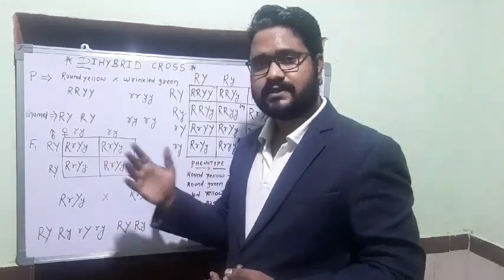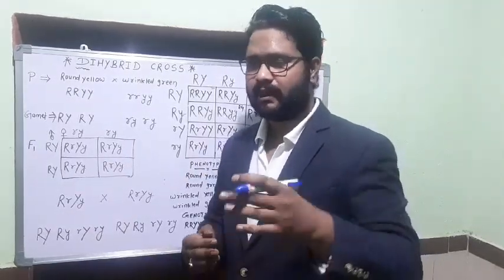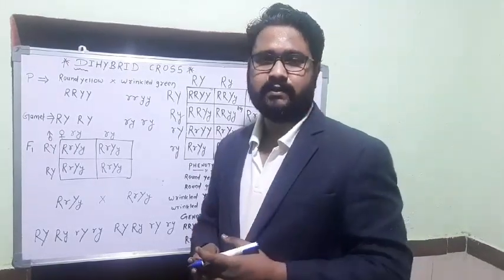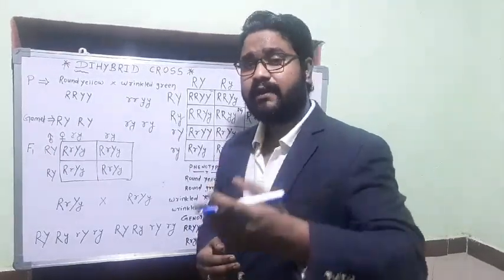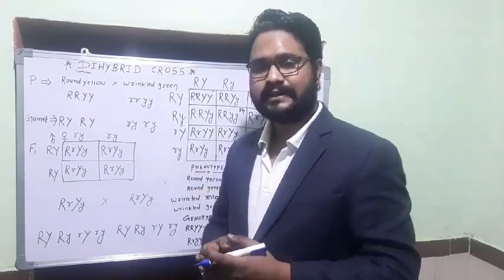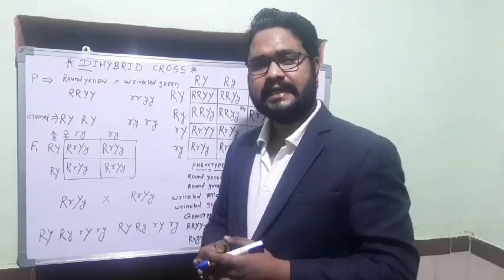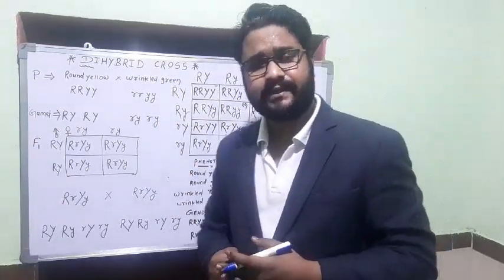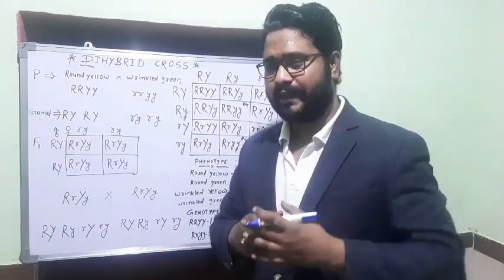So if this continuously goes on, then you will not get new characters or variation. And to have that, nature has prepared the second law, which Mendel considered the law of independent assortment. What is this law of independent assortment going to explain?